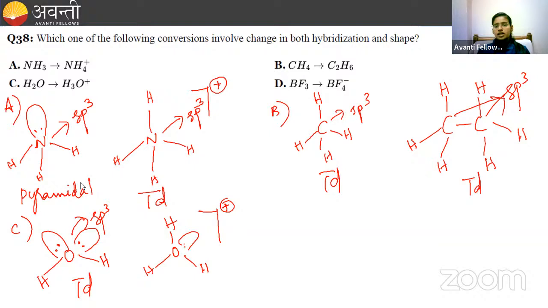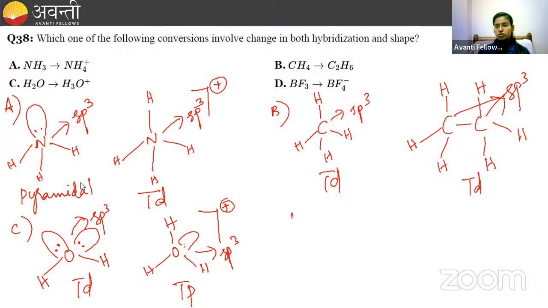There are 6 valence electrons for oxygen and 1 has been lost. So remaining 5 are there. So there are 3 bond pairs and 1 lone pair. So again the hybridization will be sp3, but with a different structure. Okay. So there is change in shape, but there is no change in the hybridization.